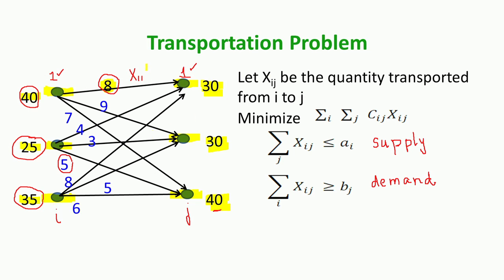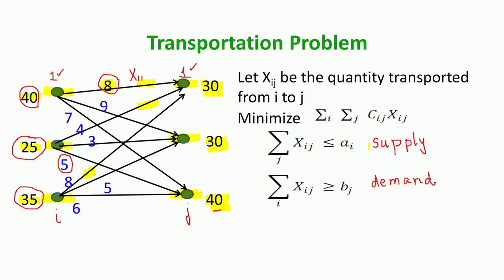So here is x11, this would be your x21 and this is x31 in this arc. So x11 plus x21 plus x31 comes to the first demand point and that has to meet the demand, therefore it has to be greater than or equal to B1 which is equal to 30.